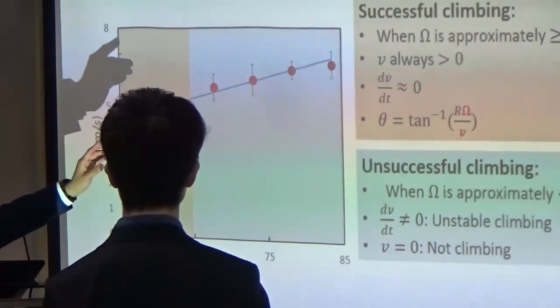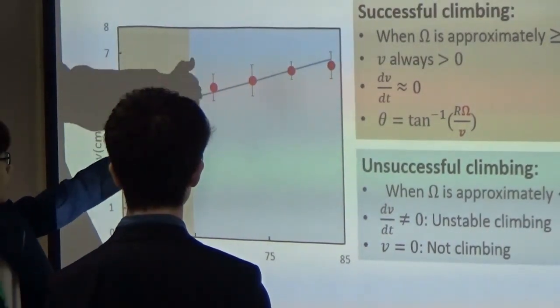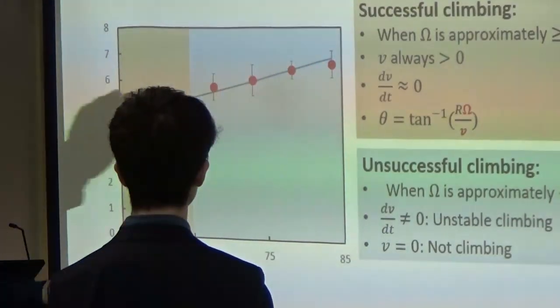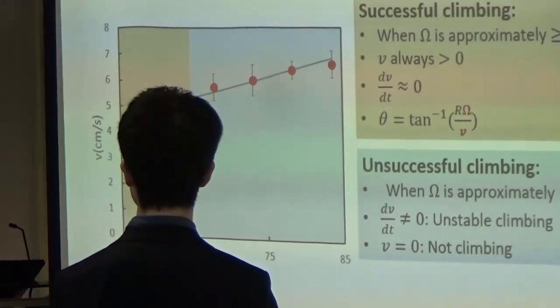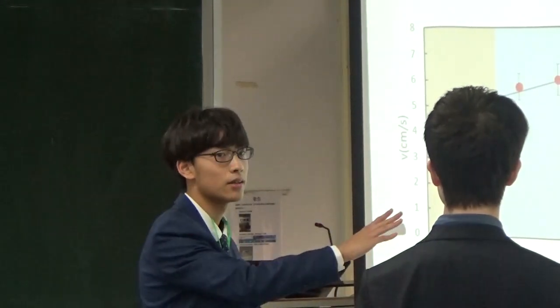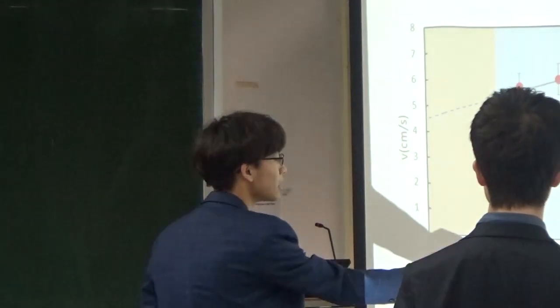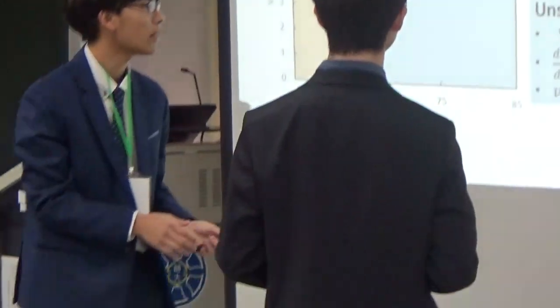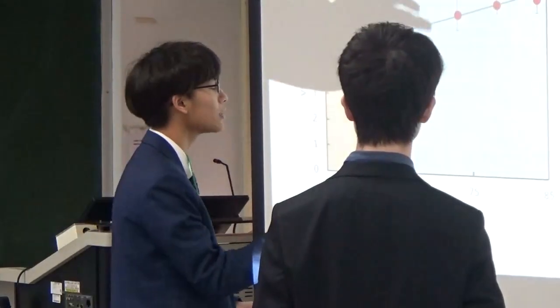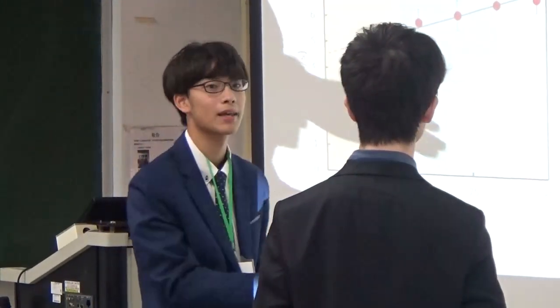This is 70, I think 75, this is around 80, and this is 85. With these four experiment data, we confirmed that it would have a successful climbing rate. However, when it's below 65 radians, we found unstable climbing, or even situations where it's not climbing at all.